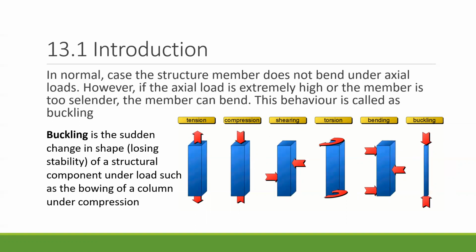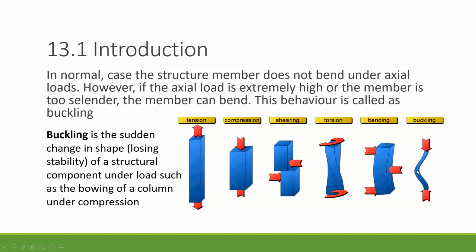In this case, our compression member, such as a column, can lose its stability and pass into an unstable stage with high vertical and horizontal, lateral deformation. This sudden change of our column, a vertical element, we call buckling.